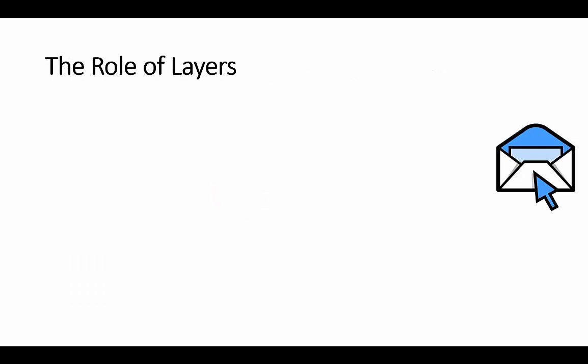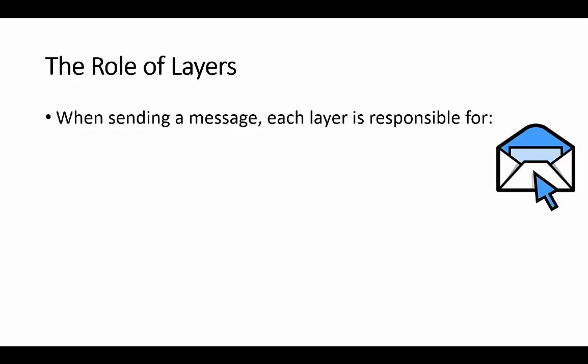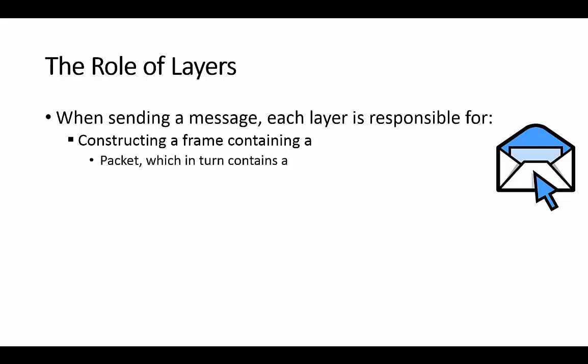Before we get into the details of each layer and what it does, let's talk about the role of the layers in the hybrid TCP/IP OSI architecture in general. When sending a message, each layer in the network architecture is responsible for constructing a frame containing a packet, which in turn contains a message.